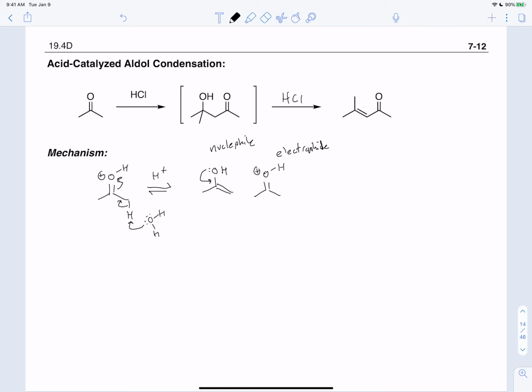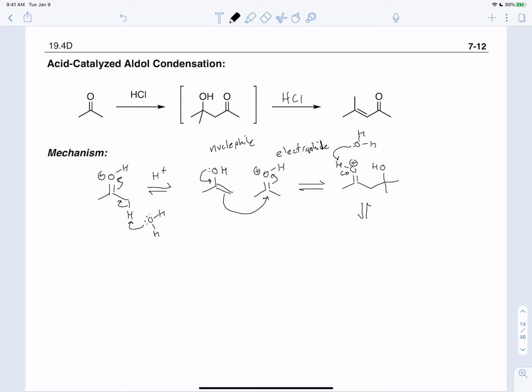And then we can still draw the same arrows. Enols are still nucleophilic at carbon. Note that we still have positively charged intermediates along the way. We start with a protonated carbonyl. Afterwards, we still have a protonated carbonyl, so everything's still positively charged. And then we can use water now as a base to take this hydrogen away.